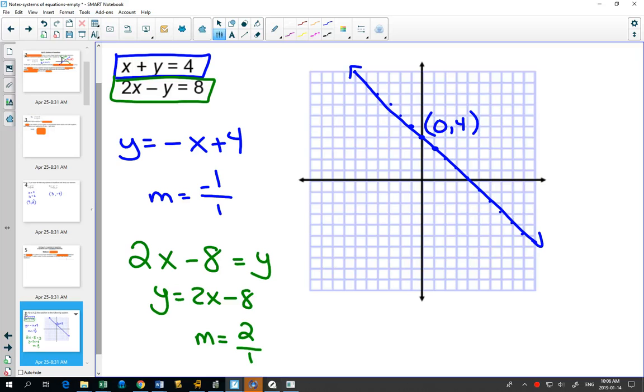Because I changed it to y equals 2x minus 8, it's in y equals mx plus b form. That means that my y-intercept is at (0, negative 8). My slope is 2 and it's positive. So if I go up 2 and over 1, it would have to be in this direction. Up 2 over 1, up 2 over 1, up 2 over 1.